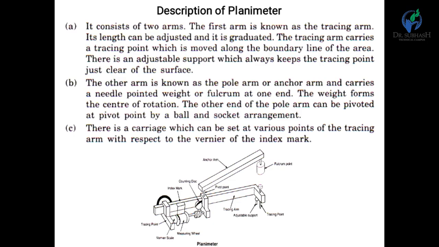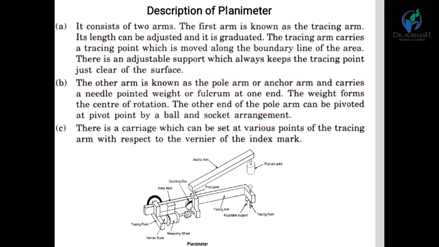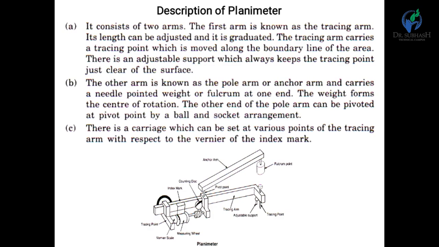The tracing point is the pin-type portion that we move over our boundary. The wheel disc carries the vernier mark so we can read the disc for our reading, and the counting disc shows how many times the dial passes through zero from start to end.